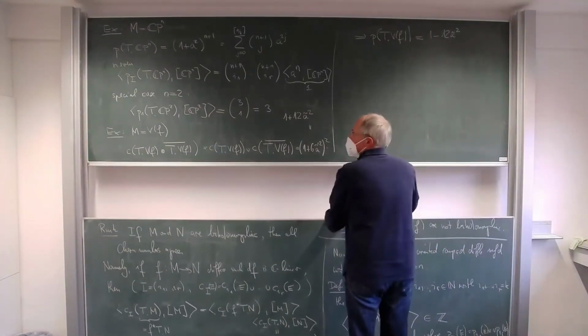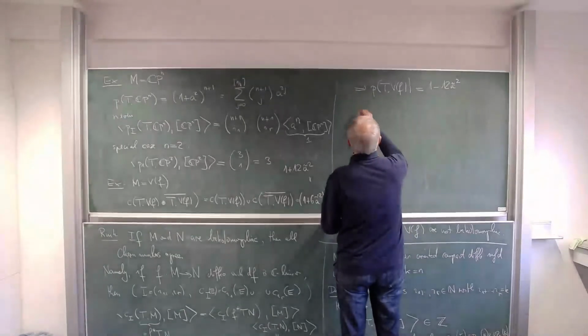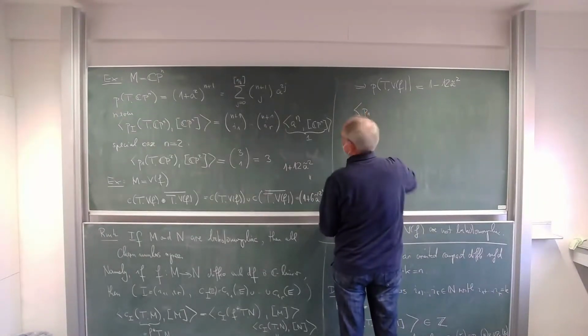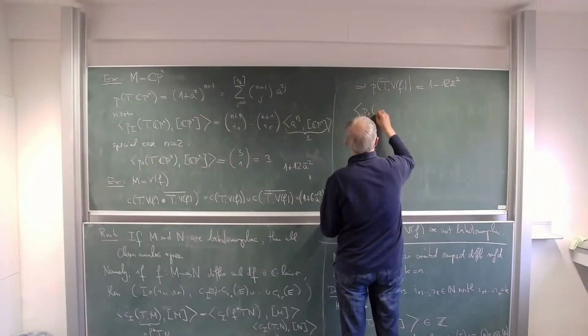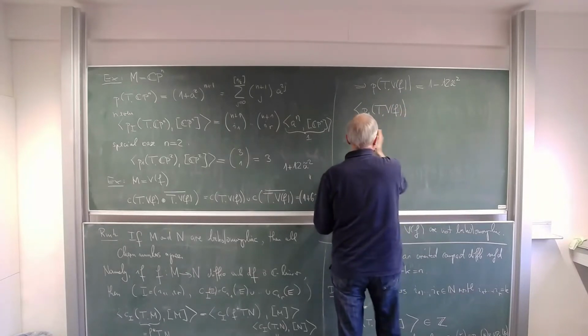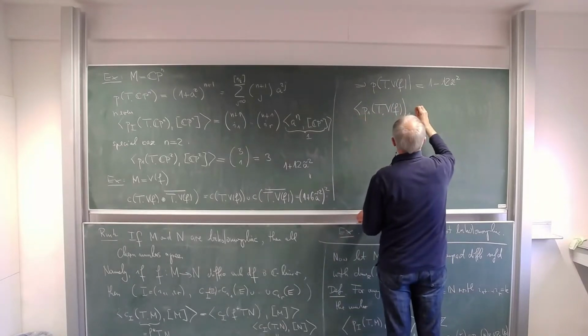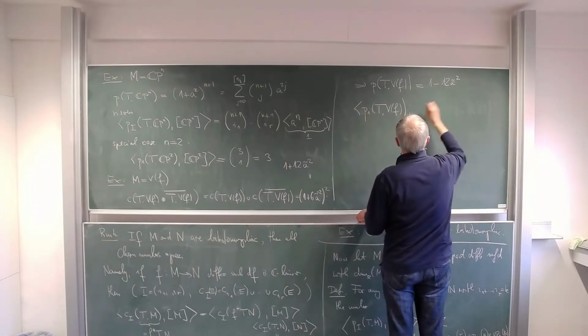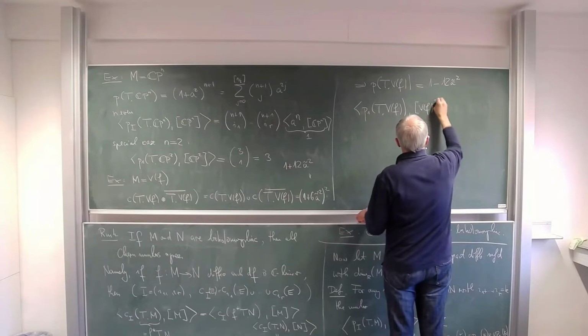And so we can now compute the corresponding Pontryagin number, by integrating the first one, so this minus 12 a twiddle squared over the Fermat surface.